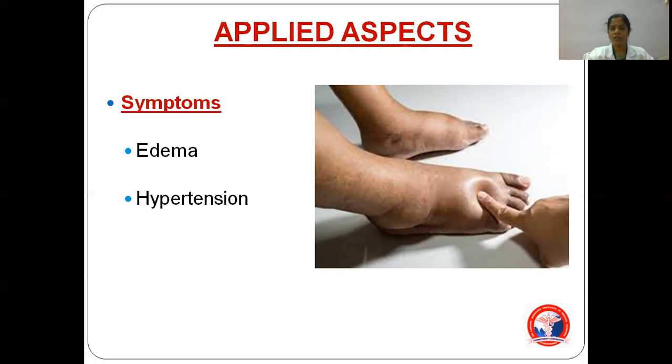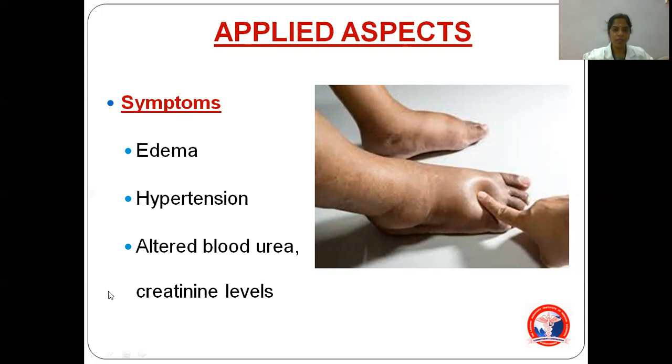If it is high, that is hypertension. And when you do investigations, there will be altered blood urea and creatinine levels. These are the first and foremost symptoms you can see in patients of renal disease.